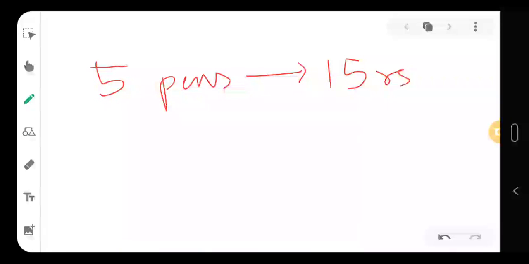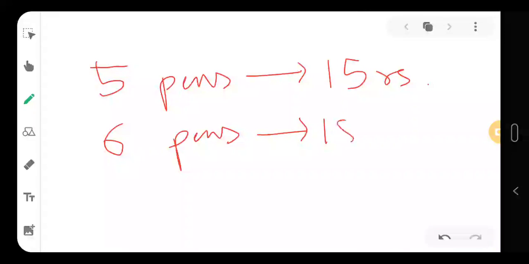Now, to get the reference, let's say we have five pens that cost 15 rupees. So it is obvious that if I increase the number of pens, let's say I have six pens, then obviously this number will increase, right?